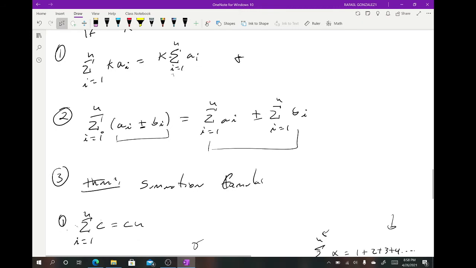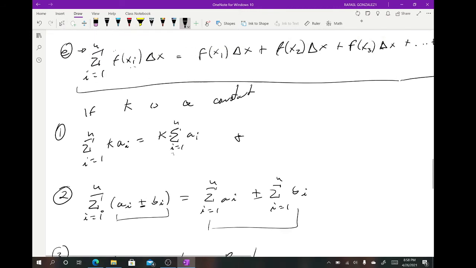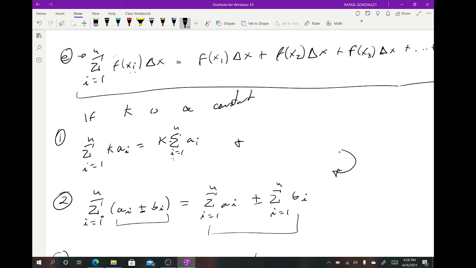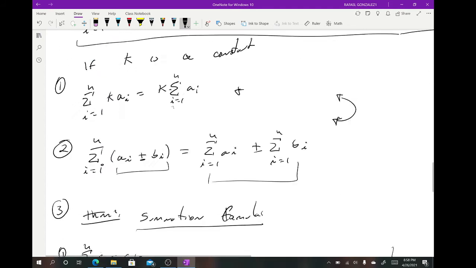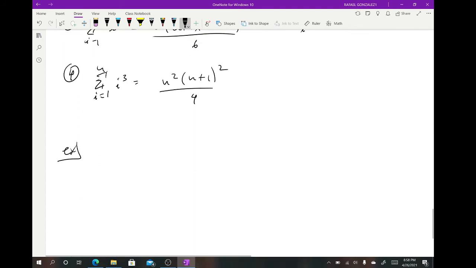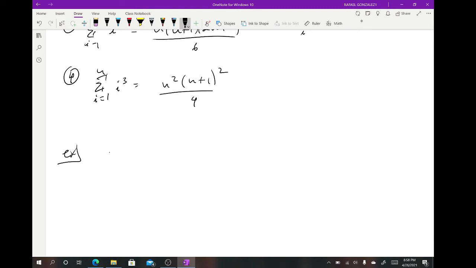So using this theorem of summation formulas, using these two facts about sums, and using the definition of a sum. So for example, let's say somebody on the train asks you to evaluate the following sum.